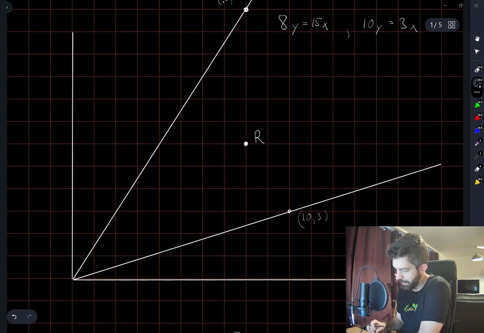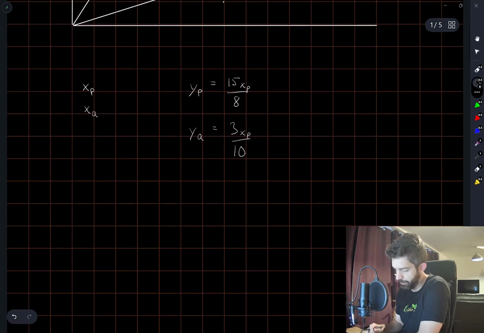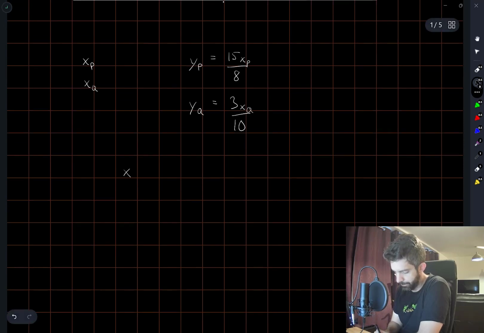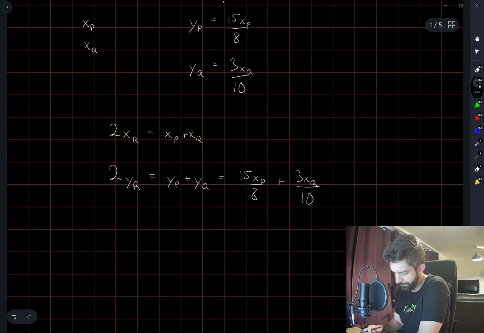And then what I want to write down is the fact that R is the midpoint of PQ. So xr has to equal xp plus xq over 2. Just multiply it by 2 like this. And 2yr is equal to yp plus yq, but this is equal to 15xp over 8 plus 3xq over 10.